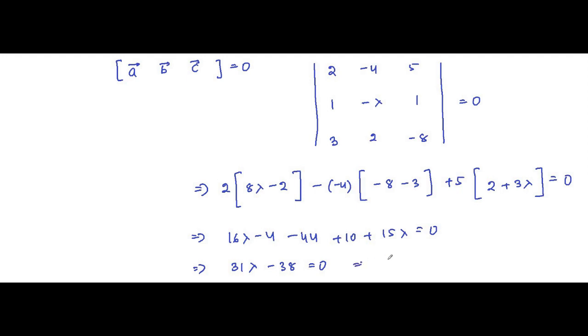So lambda is equal to 38 by 31. For lambda equal to 38 by 31, the three vectors a, b and c are coplanar.